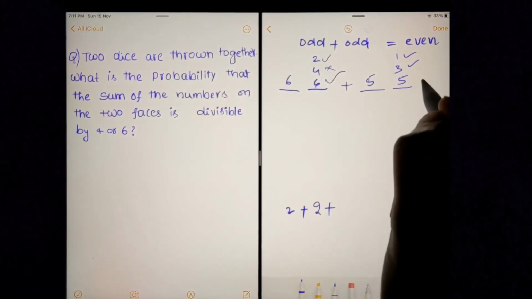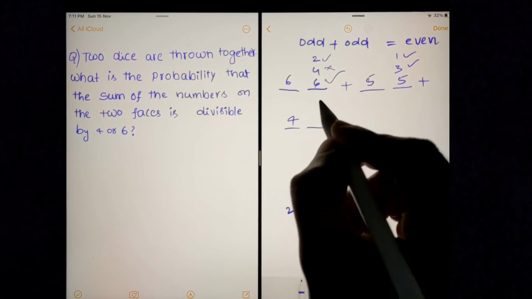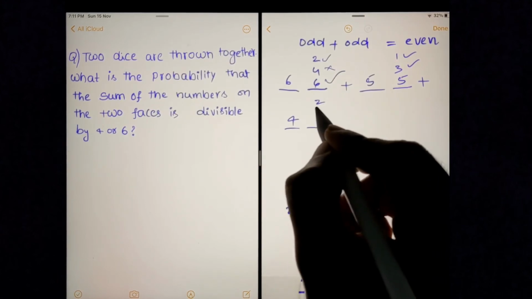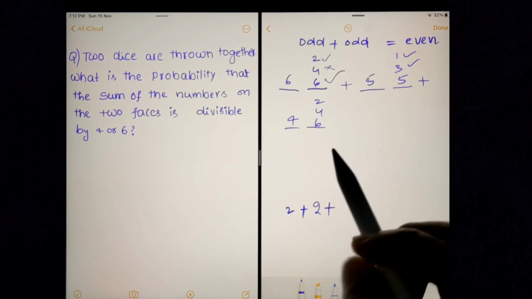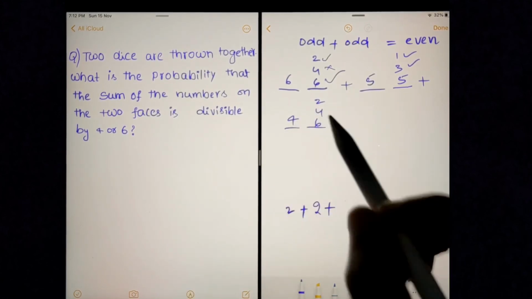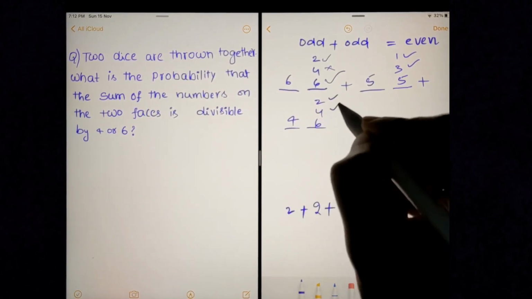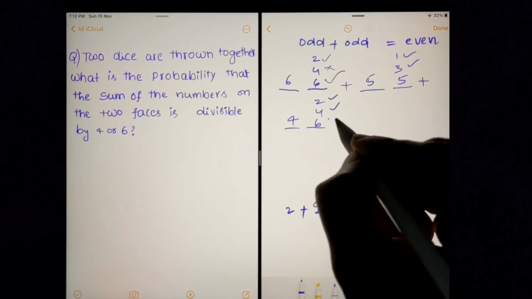And next I will move on to 4. Because this is an even number, the second number cannot be odd, only even numbers we have to take. 2, 4, 6. Let's see how many of them are satisfying. 4 plus 2, 6. 6 is divisible by 6, this is satisfying. And 4 plus 4, 8, this is also satisfying. 4 plus 6, 10, this is not satisfying.